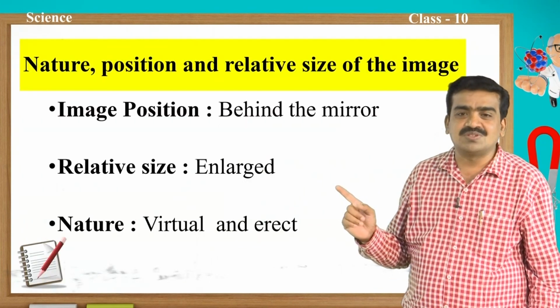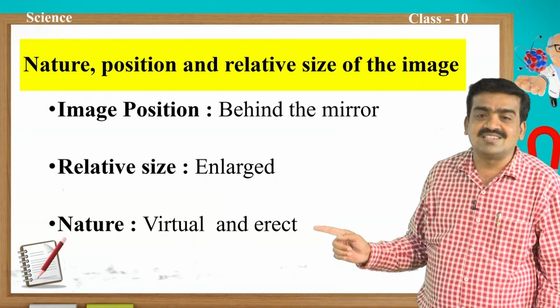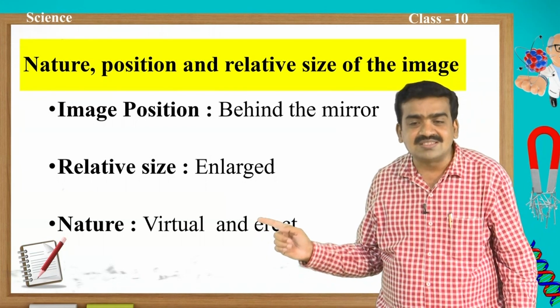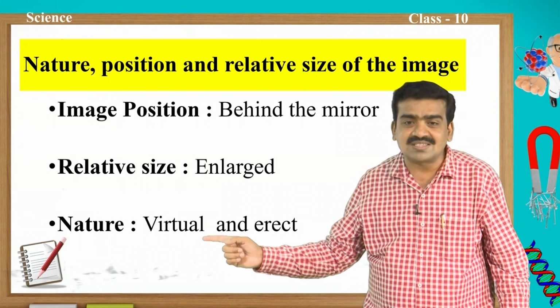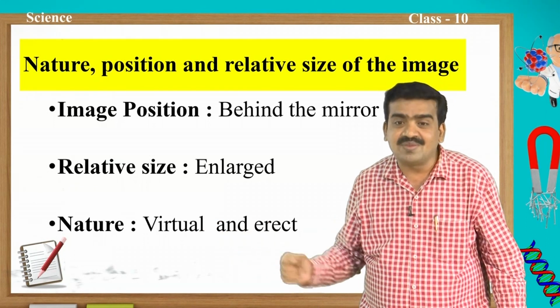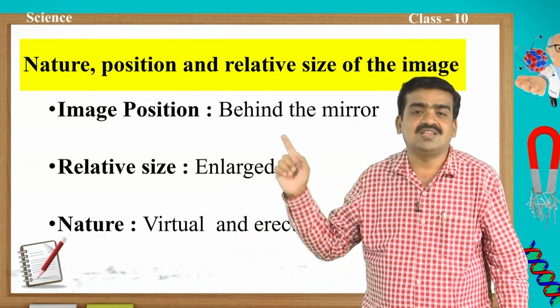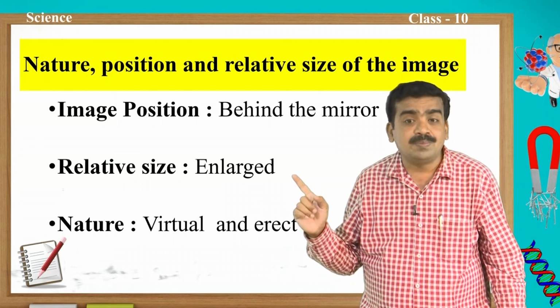See, image position is behind the mirror, relative size is enlarged and nature is virtual and erect. You have to notice this point. Only in this case you are getting a virtual image, but in all the previous cases you have got a real image. So, this is the important key point you have to notice in case of the image formed by the concave mirror when the object is placed between P and F.